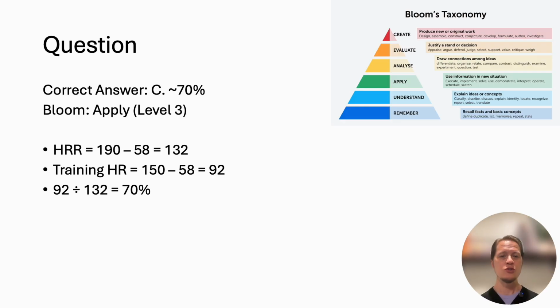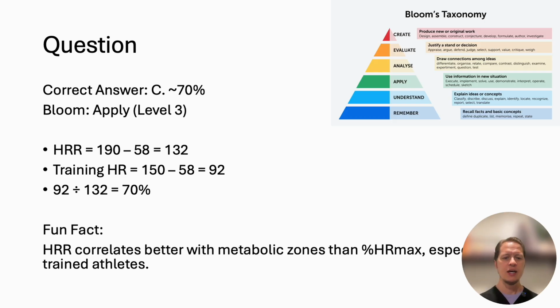The answer is 70. This uses the Karvonen method to calculate training intensity, and it's just basic math that you see on the screen here. 70% heart rate reserve roughly equates to about a mid-zone 3 level of exercise intensity, FYI.